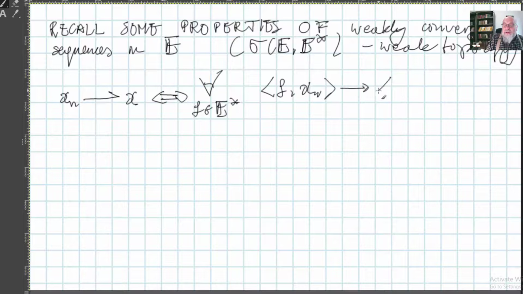Then we also have that if xn converges strongly, this also implies that xn converges weakly.